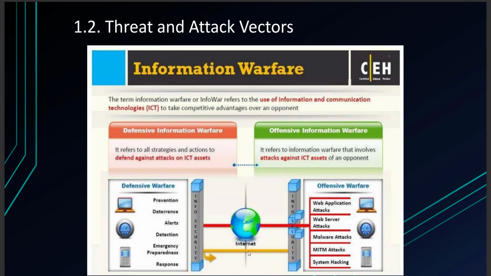So, like for example here, just a bit of information warfare, how the information and communication technology, which is the ICT, works from the defensive and the offensive side. So you see that the cybersecurity consists of two main parts, defensive and the offensive part. Defensive, where you prevent, detect, alert, protect, and respond.